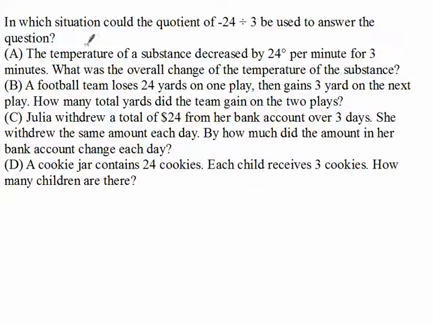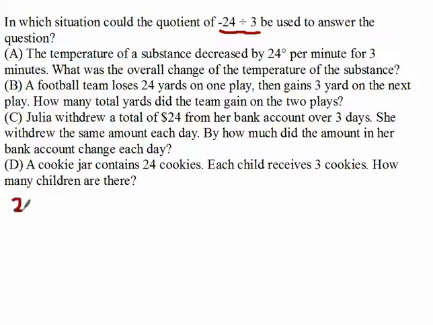This one is just running through and knowing what division means. Okay, I'm looking for -24 divided by 3. So for the first one, I want to know which of these situations could be used to answer it. So if the temperature decreased by 24 degrees per minute for 3 minutes, this is actually going to be a multiplication problem.